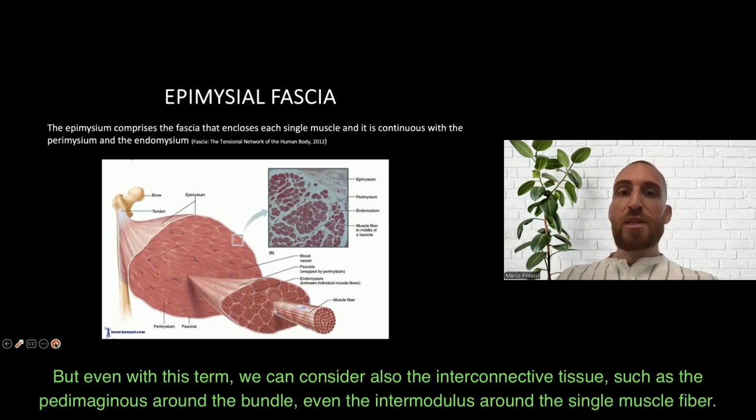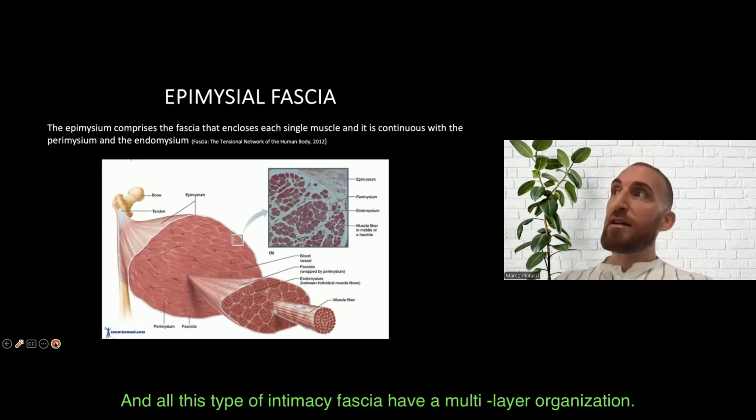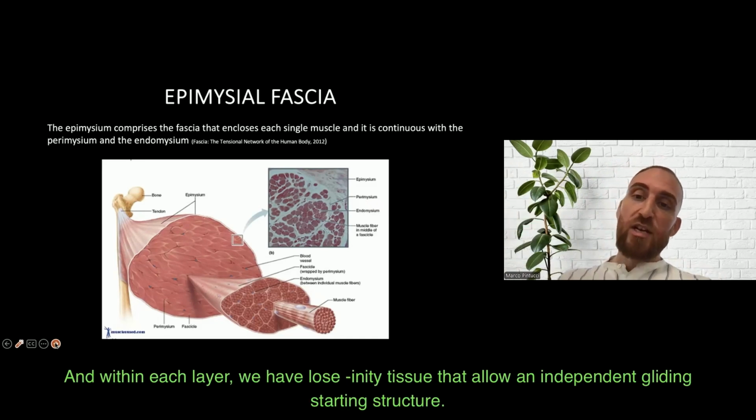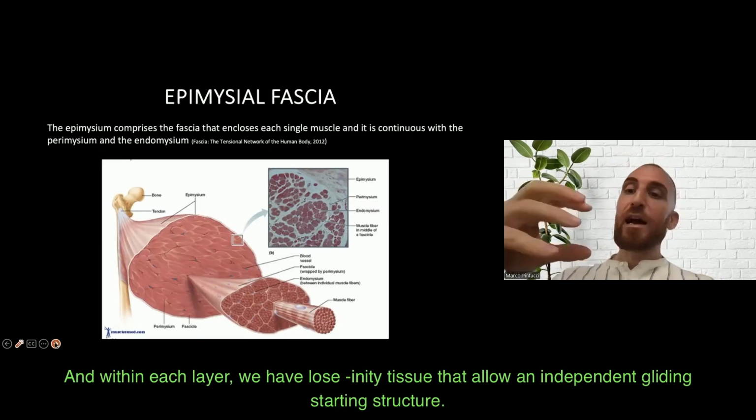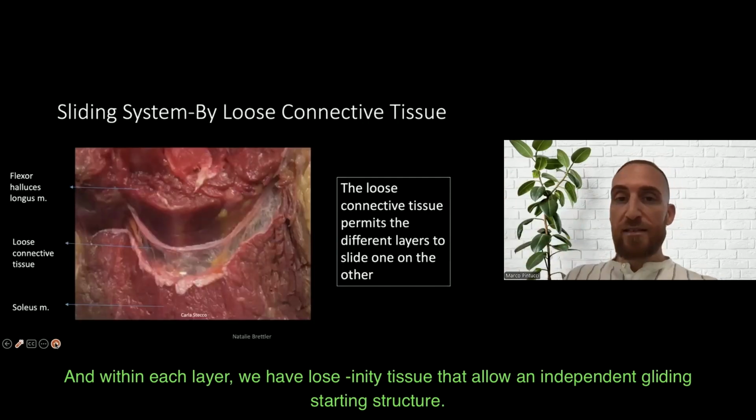With this term, we can also consider the intramuscular connective tissues, such as the perimysium that surrounds the bundle, and even the endomysium that surrounds the single muscular fiber. All these types of epimysial fascia have a multi-layer organization, and within each layer, we have loose connective tissue that allows independent gliding of the structures.